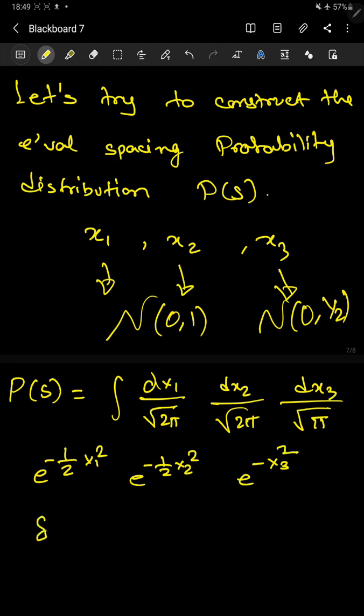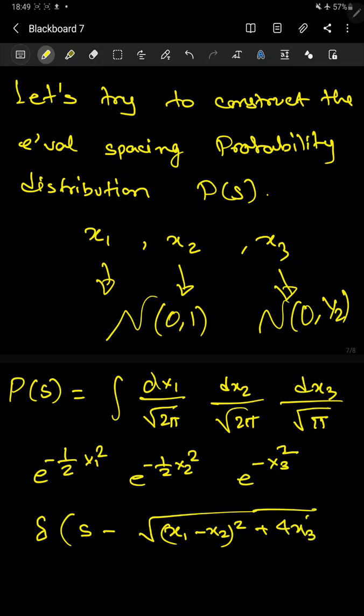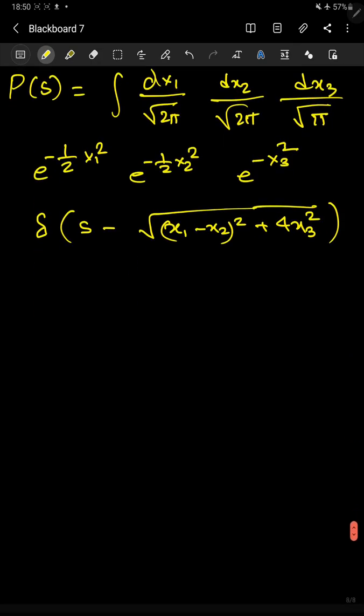And we enforce something called the delta function. Why do we enforce the delta function? Because we want our spacing function s to be like this. Let's first talk a little bit about what a delta function is.